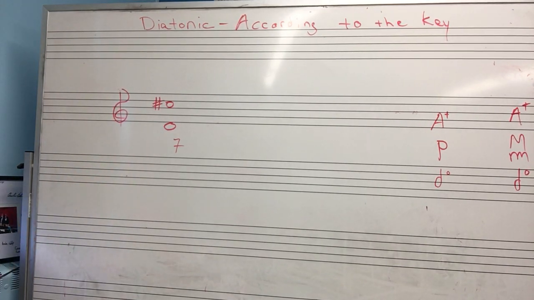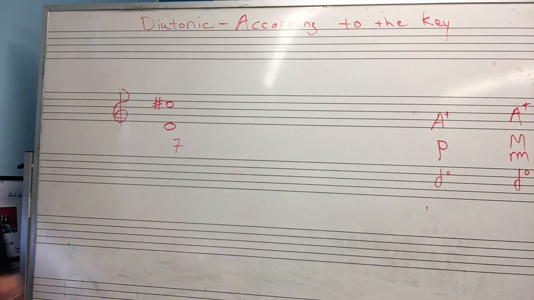Look at your circle of fifths and tell me the key signature of D major. 2 sharps. So what sharps do they have to be? And what's the order of sharps? F and C. Fat cats.